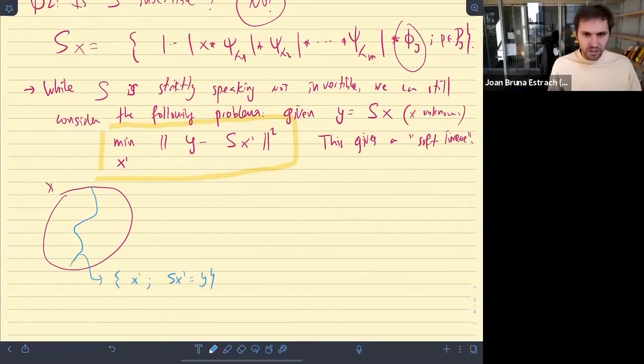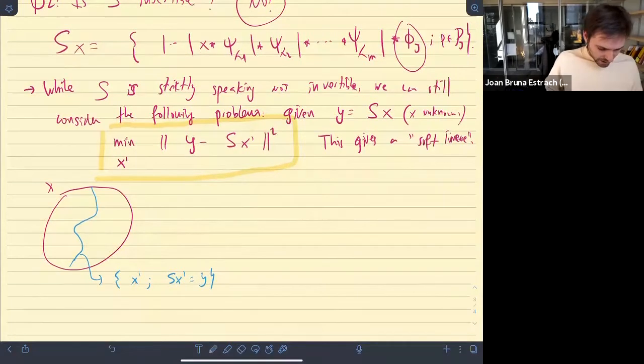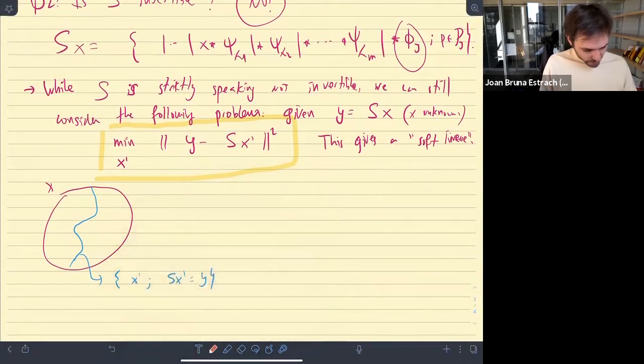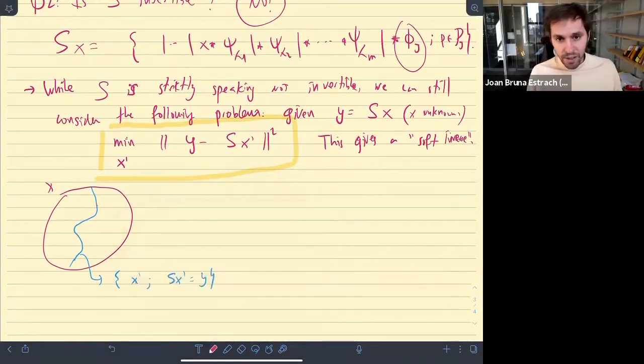If a mapping is not invertible, you can still associate a pre-image to it. You can still consider all the points in the input that map to a certain output. So what this algorithm is doing is that, maybe this is not sufficient to identify the exact point that I started with, but if you give me any point in that set, it might still have some properties that resemble x in the thing that I care about. And this is what is exploited in many empirical papers. We have a few papers if you're interested in this.